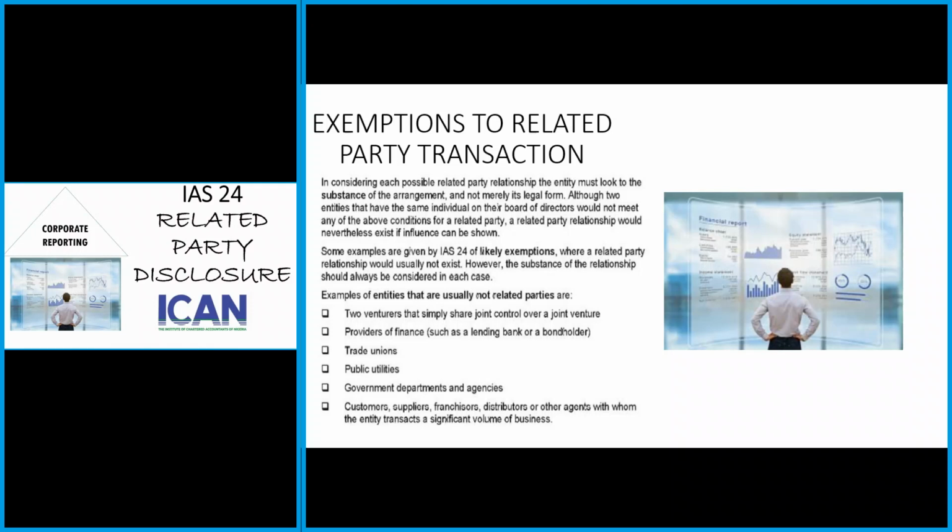So what are the other examples of exceptions? Two venturers that simply have joint control over a joint venture. And I think here I should try and define what a joint venture is. Organizations usually come together on a joint venture just to carry on a project.